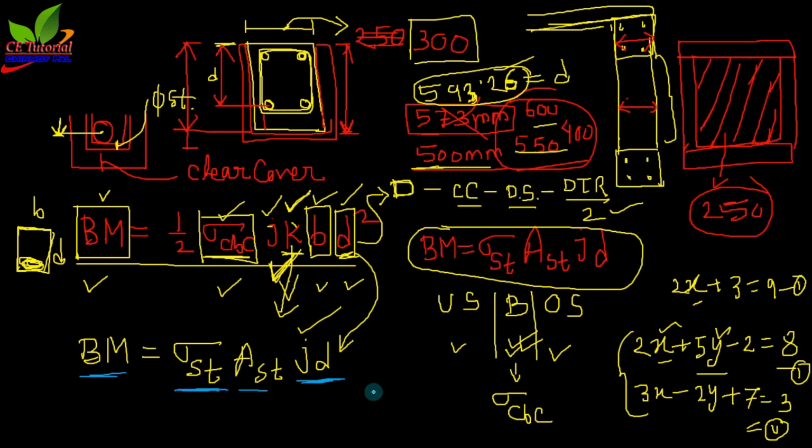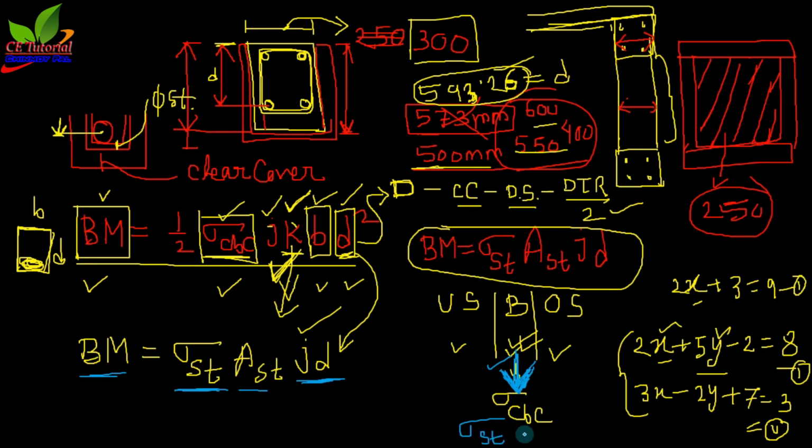Sigma st, I have told you that you can assume the section is a balanced section. Although it is not actually possible to create a balanced section practically, theoretically you can solve this problem assuming that this is the balanced section. Now if it is a balanced section, then the sigma st value is also known.